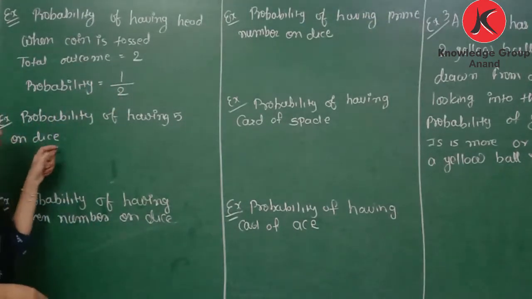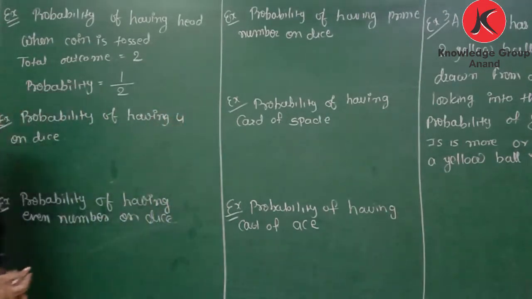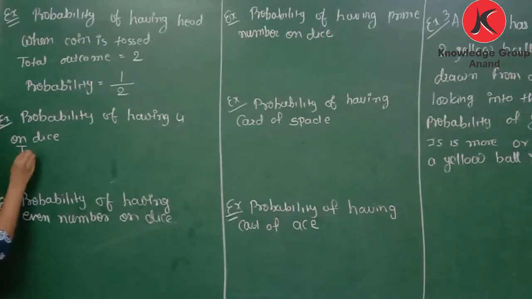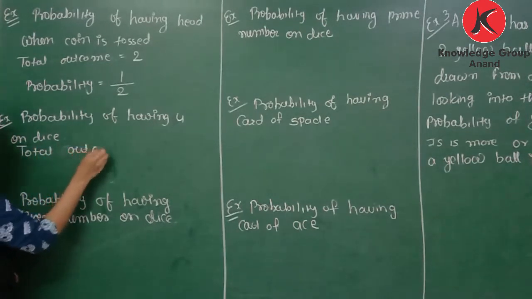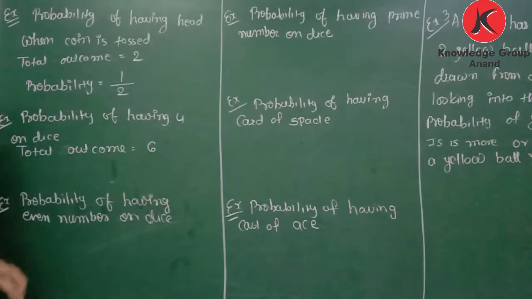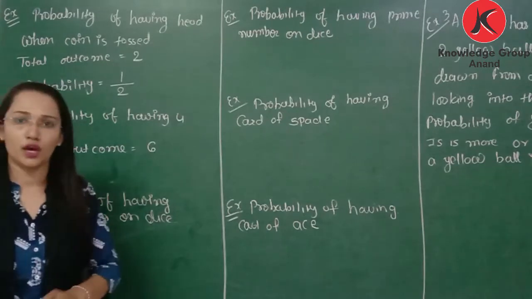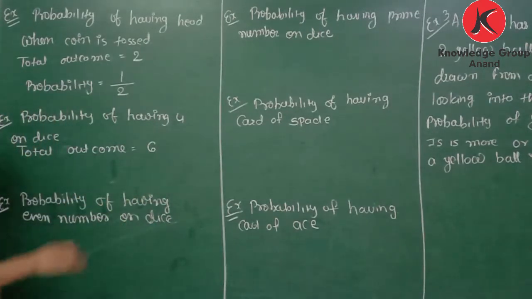Probability of having 4 on a dice. Again, how many total outcomes? Total outcome will be 6, because we may have 1, 2, 3. So there are 6 sides, meaning total outcomes are 6. On that, how many sides have 4? Only one side.